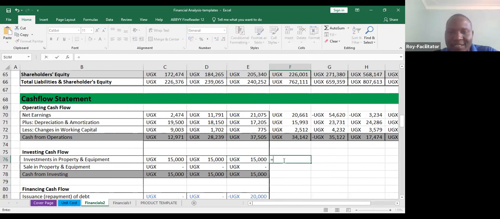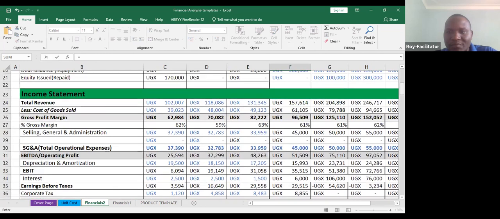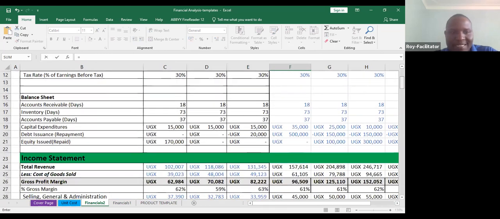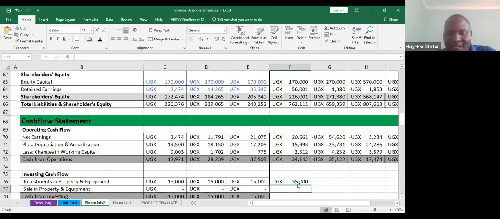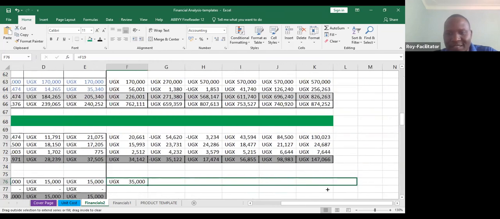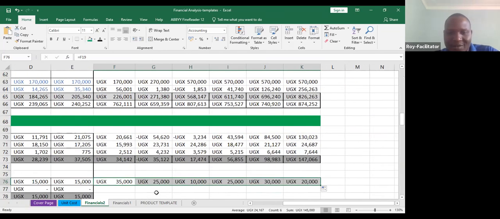So I'll just look at my schedule here. I said I'm going to buy some capital expenditure. There's capital expenditure here. So I'll just put it here. It means I'm going to buy some equipment and I'll just continue with it because I'll be spending money of the organization in buying. Okay, so that is that.